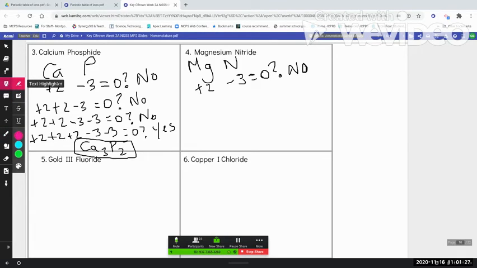These charges match these charges in the exact same order.